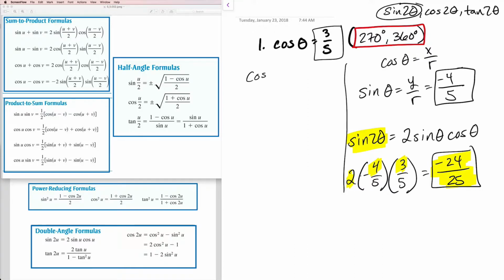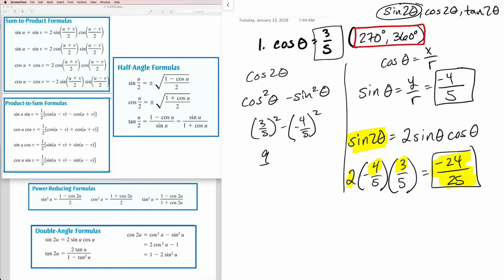So I want to find cosine 2 theta. You'll notice that there's actually 3 formulas that I can use. So I can use any one of those 3 there. Let's use the first one. Why not? Cosine squared theta minus sine squared theta. So cosine squared is 3 over 5 squared minus sine is negative 4 over 5 squared.